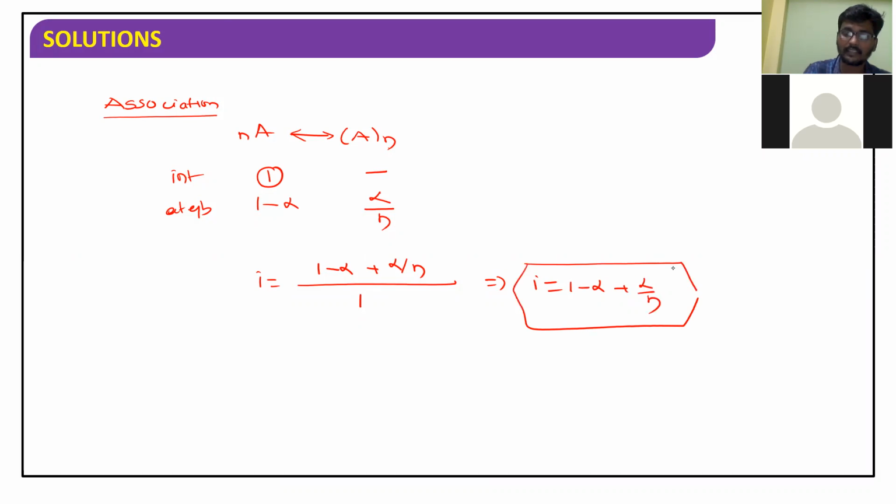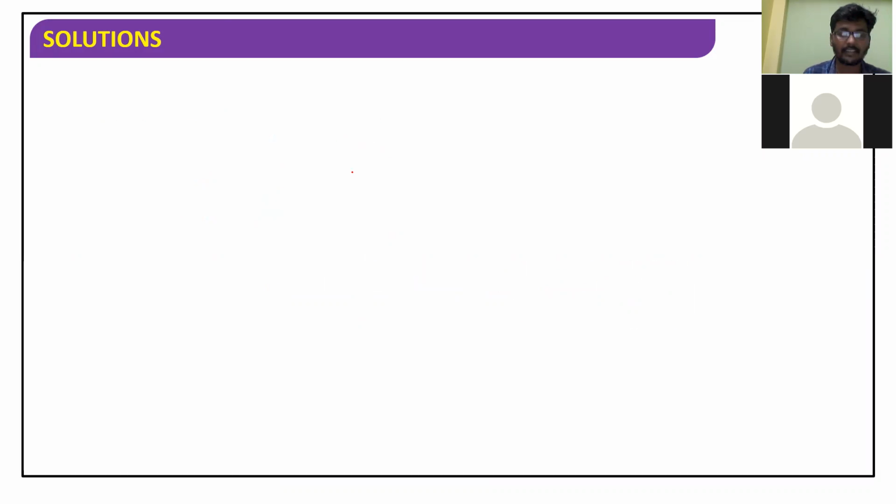Okay, previously we learned the colligative properties equations. The first one is relative lowering of vapour pressure equal to mole fraction of the solute. Delta Tb is equal to Kb into molality.